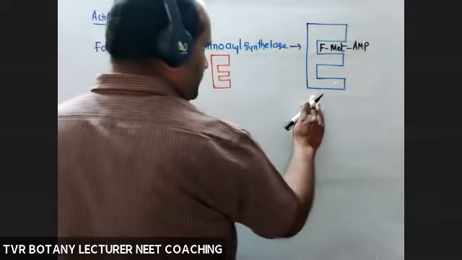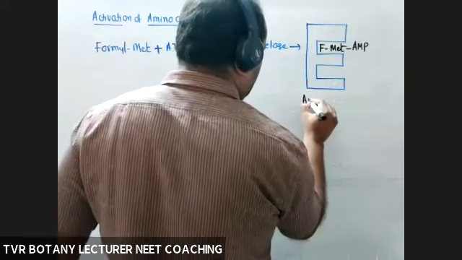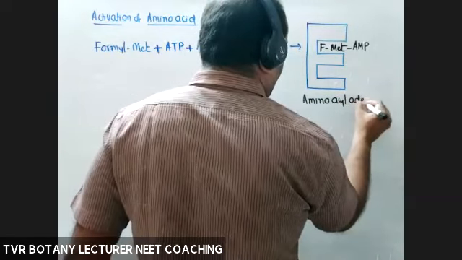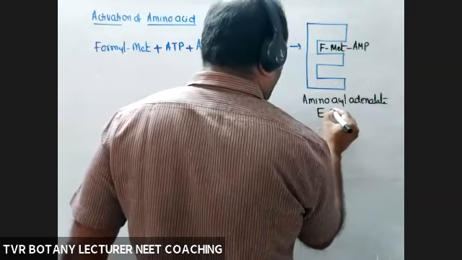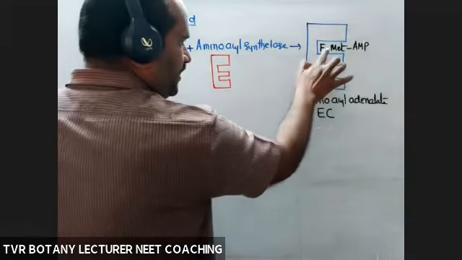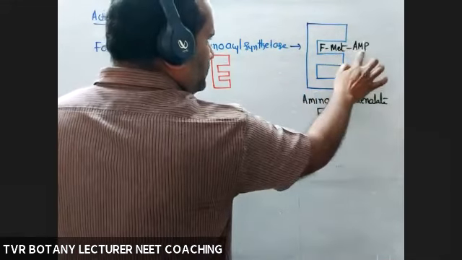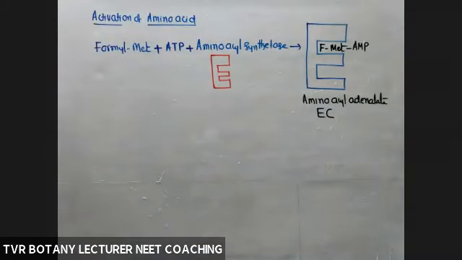Now this complex is called the amino acyl adenylate enzyme complex: amino acid, AMP, adenosine monophosphate, adenylate enzyme complex. So one amino acid is bound to the binding site.